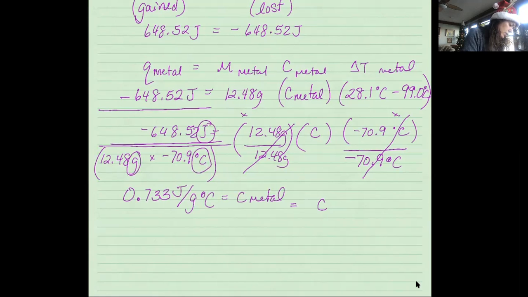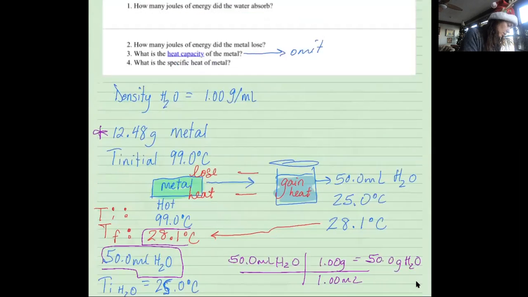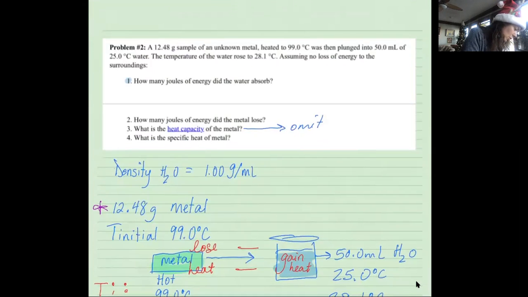If you get confused, you can look up here and see that the first thing we did was determine the joules of energy absorbed by the water. We did that by doing Q water equals mass water, specific heat of water, change in temp. This was all for the water. We then said Q of water, number 2, how many joules of energy did the metal lose?